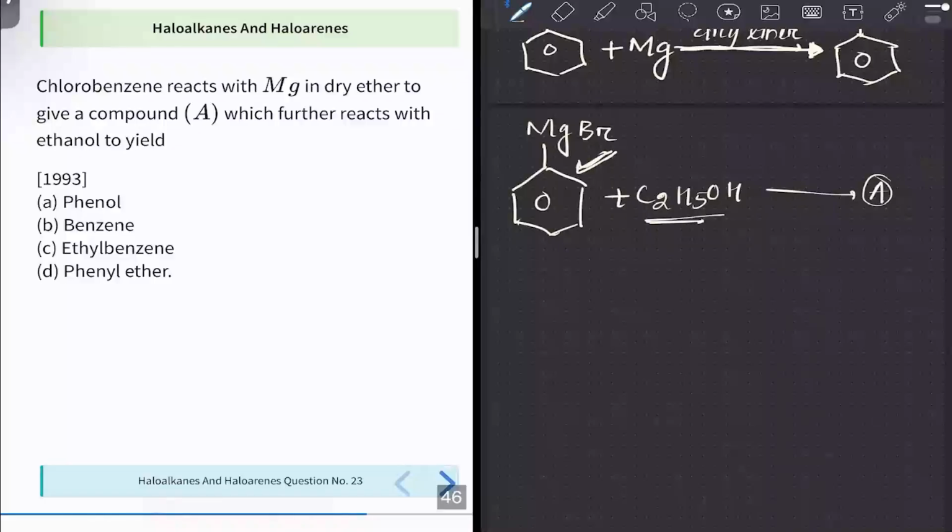The alcohol will hydrolyze this compound in this manner. It will break into two parts, that is C2H5O minus and H plus. Then H plus will be attached in this position and MgBr will be attached to C2H5O like this.